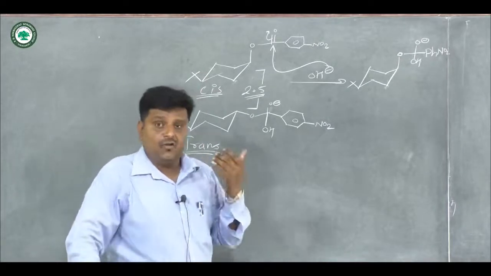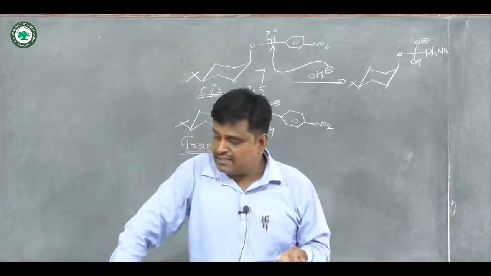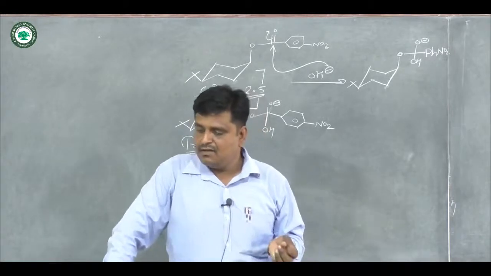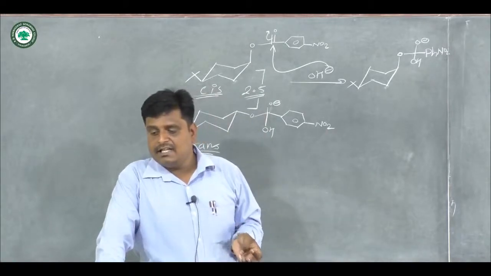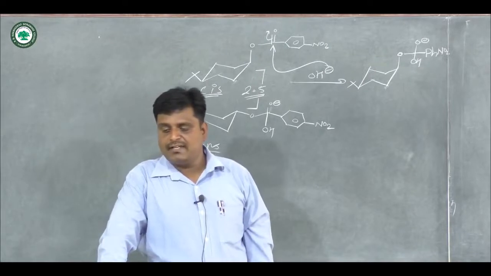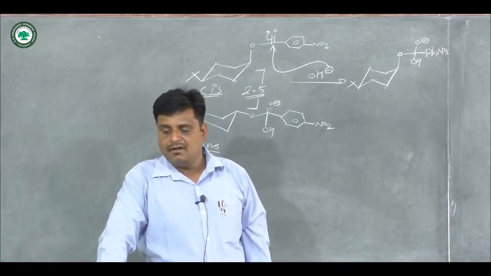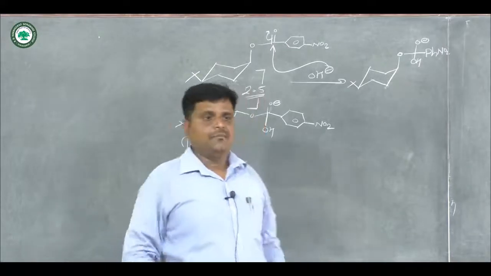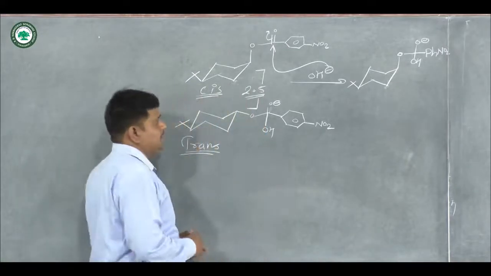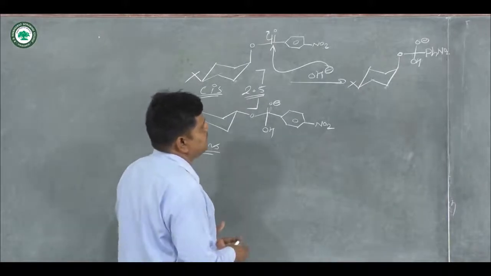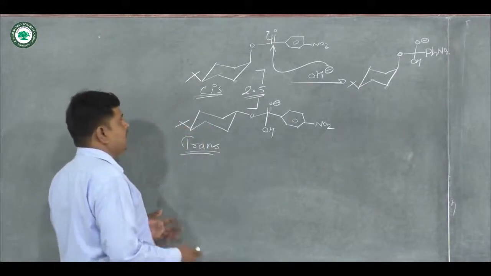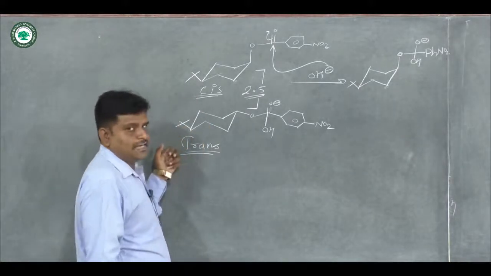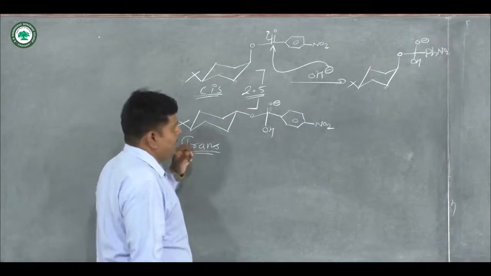But when we go to the other example, trans ethyl 4-tertiary butyl cyclohexane carboxylate is much faster. So how is its rate greater? Here this one is trans.